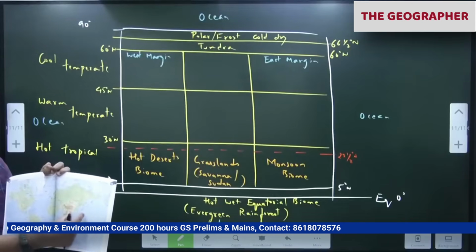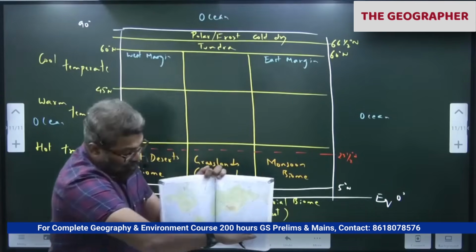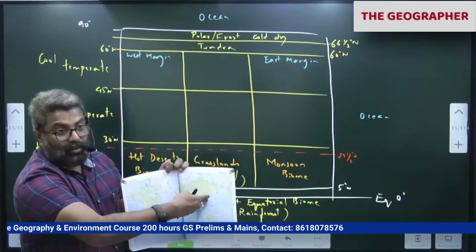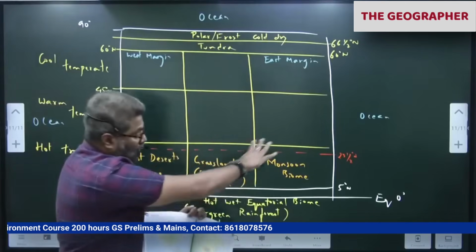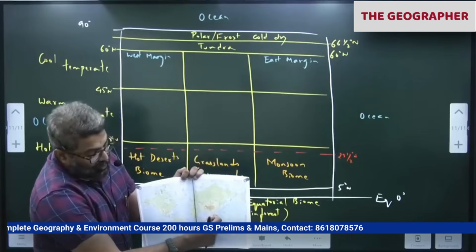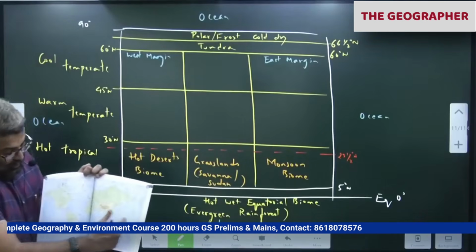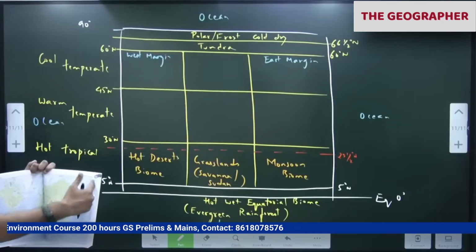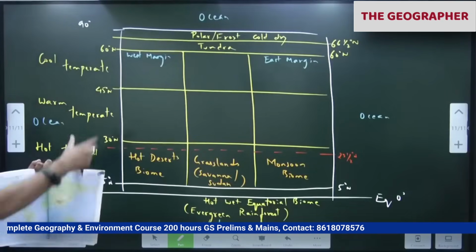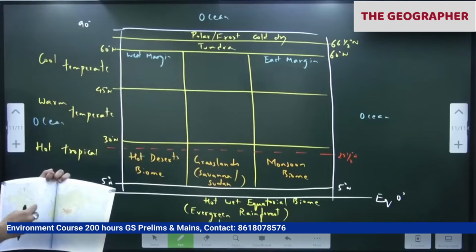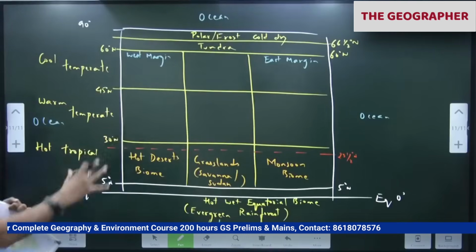India, Southeast Asia, China all get monsoon, because the southeast winds, after crossing the equator, become southwest. This is all monsoon land. So if you consider the equator, prime meridian, international date line and this box, then you'll be able to understand this topic.